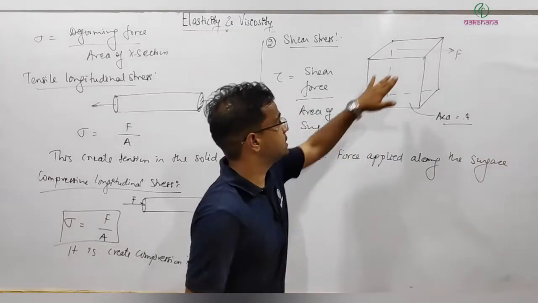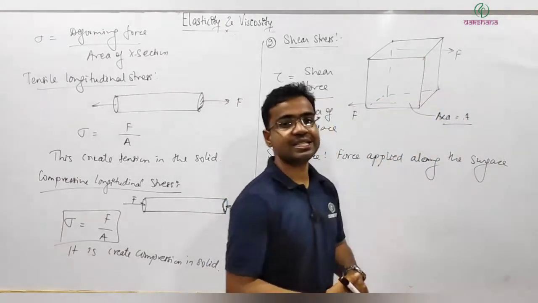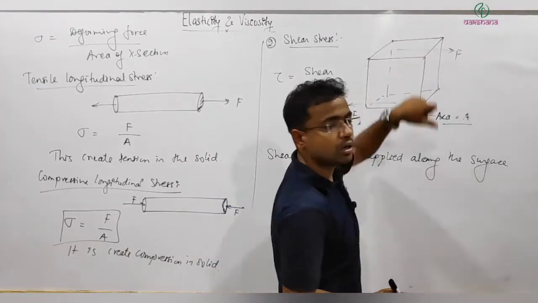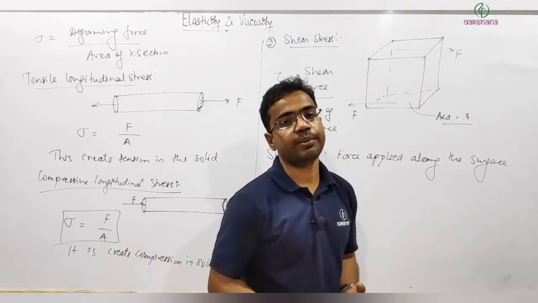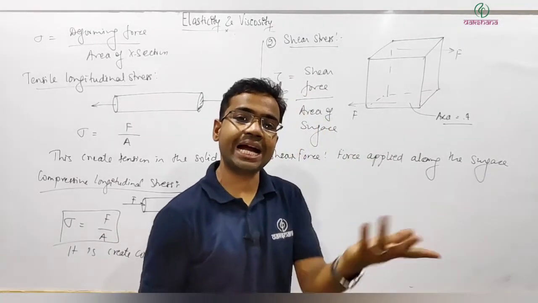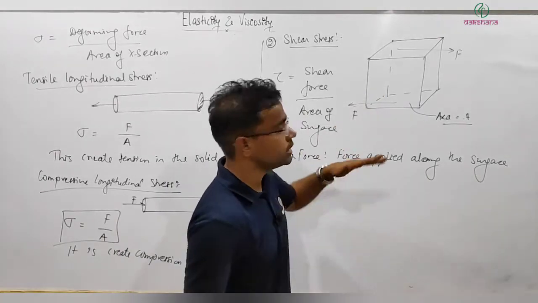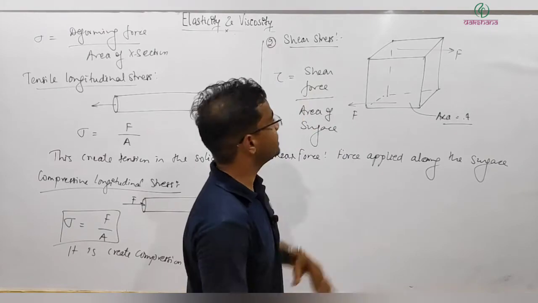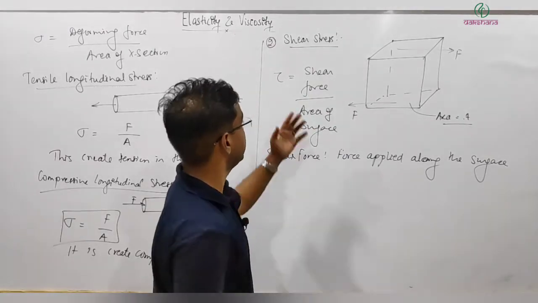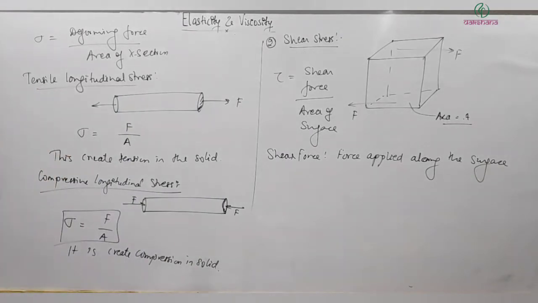Is it? So this is the surface. Now force is applied along the surface. This force is termed as shear force. That was longitudinal force or normal force, either tensile or compressive force, because that creates that type of effect. So here it's creating a shear effect. Shear force means when a force is applied along the surface, and shear force divided by surface area is termed as shear stress.